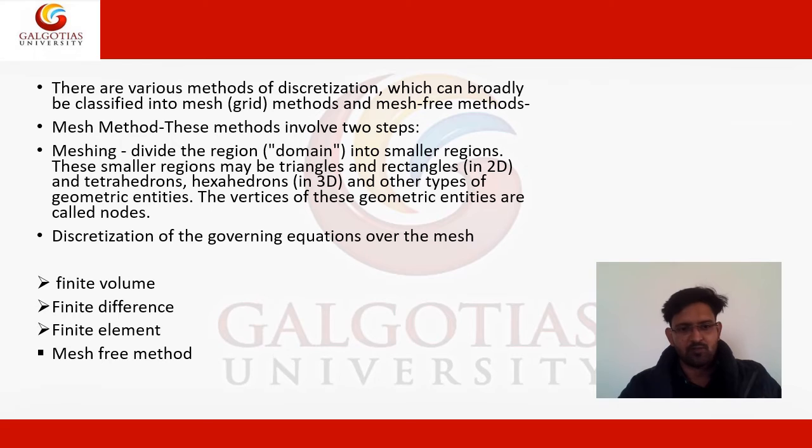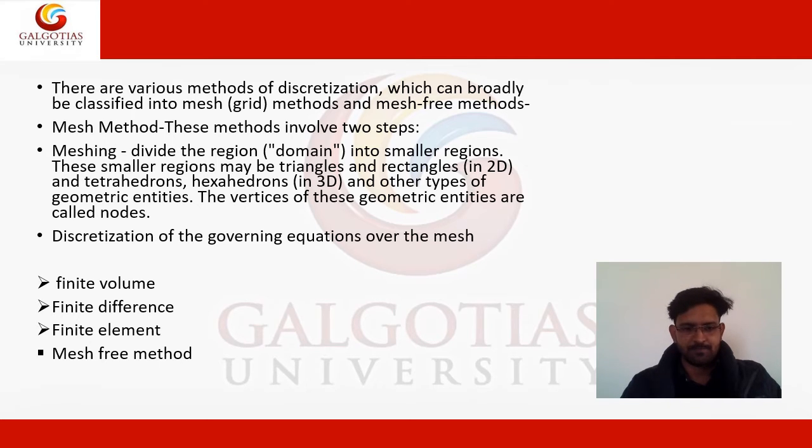Okay, so there are two methods. One is the mesh method. In the mesh method the first step is the meshing, and the second is the discretization of the governing equation over the mesh. So the methods are finite volume, finite difference, and finite element. These all three that you are seeing, finite volume, finite difference, finite element, are the mesh methods.